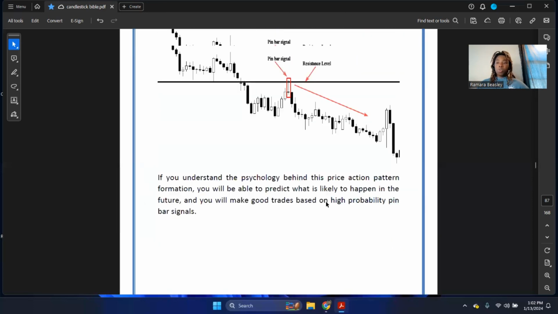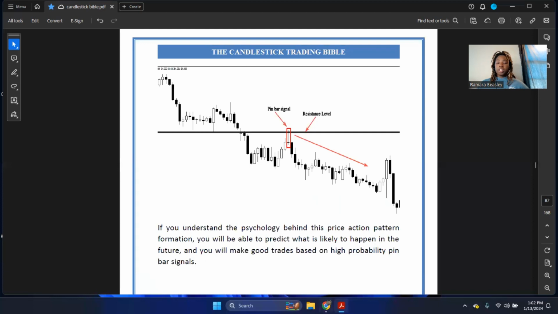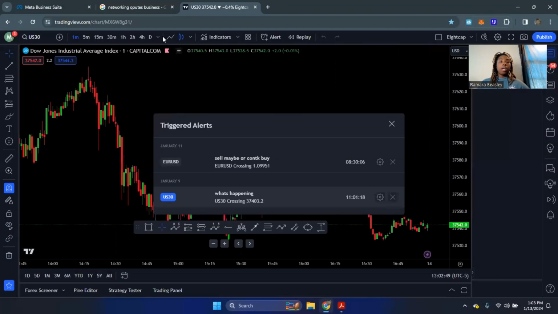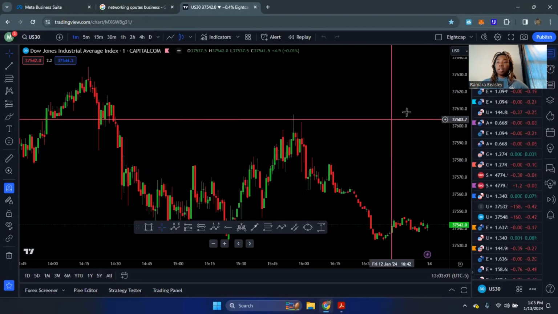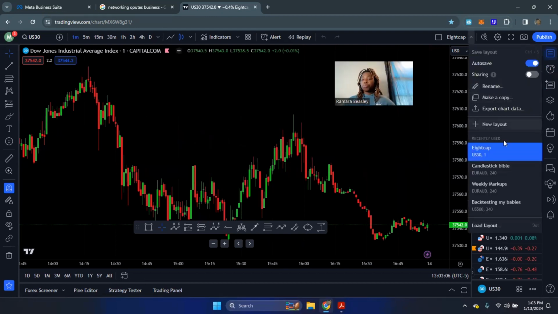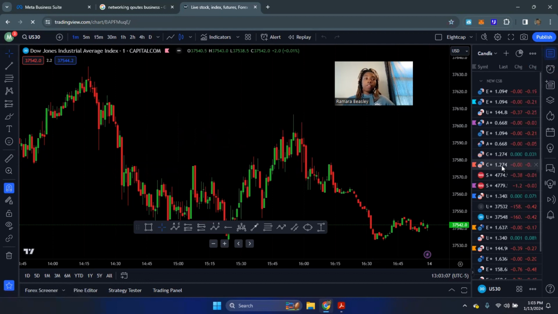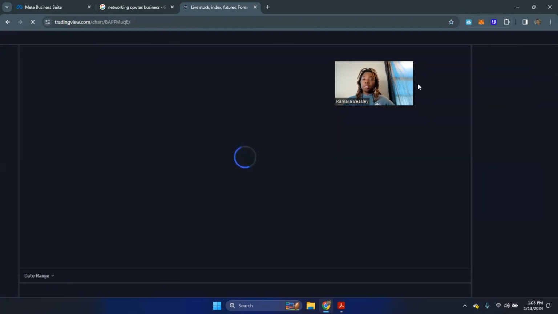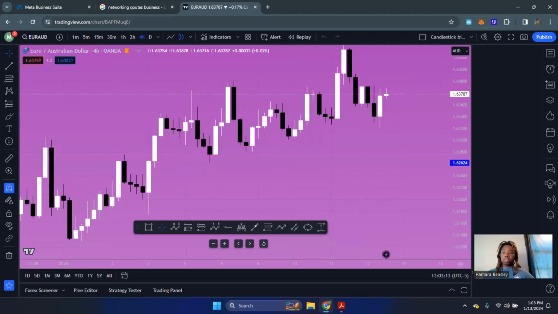All right. So let's just see if we can go into the chart and let's see what we're gonna see. If we can find the pin bars in the charts. I'm trying to get it to where you guys can just see these, okay?